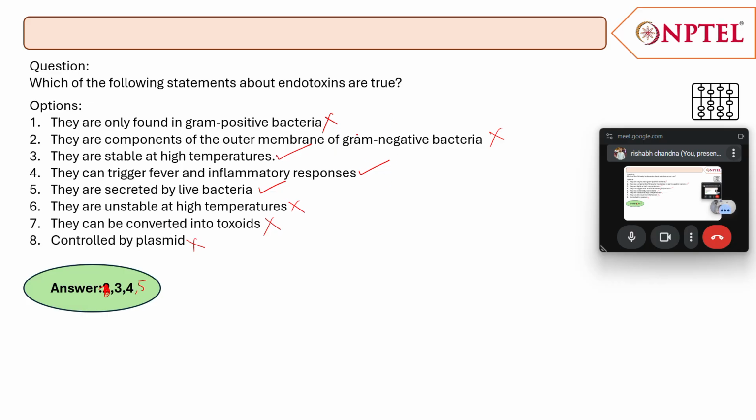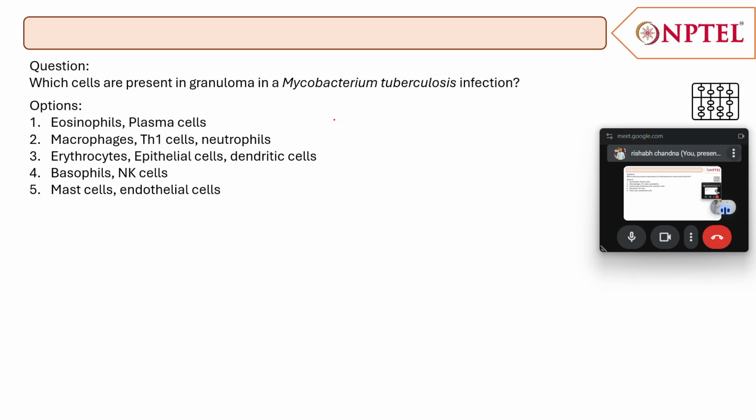Okay, so moving on to the next question: which cells are present in granuloma in a Mycobacterium tuberculosis infection? So what can be the correct answer?